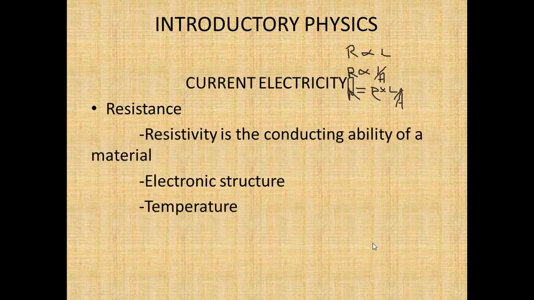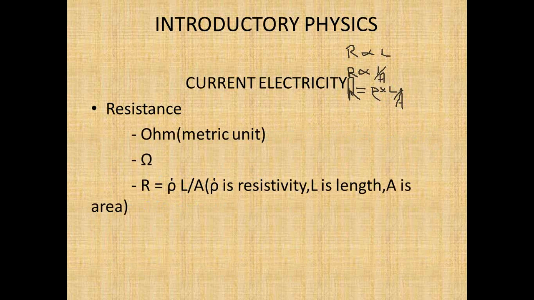All right. So resistivity is the conducting ability of a material. When we talk about the resistivity, it tells us the conducting ability of a material, and it is dependent on the electronic structure of the material and the temperature at which you're looking at it.